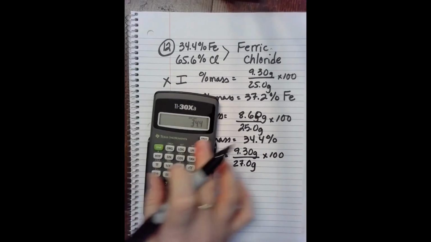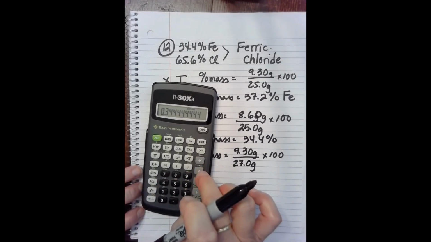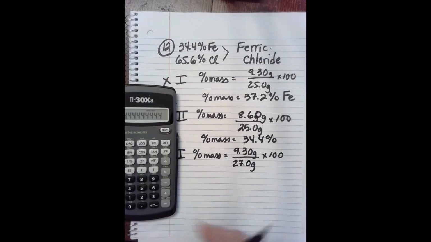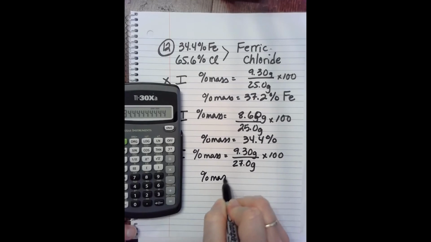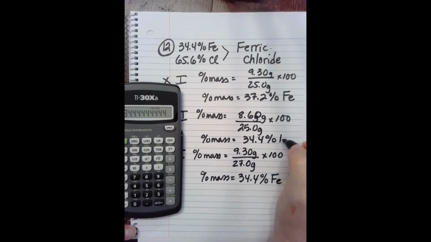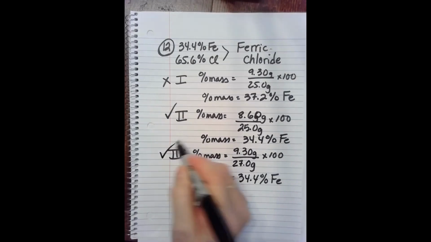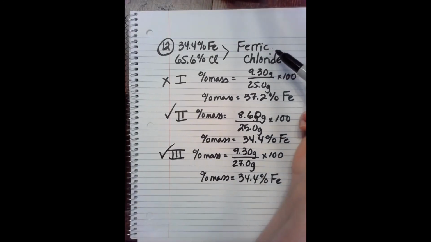So let's see what we get: 9.3 divided by 27 times 100. Yay! Percent mass equals 34.4% iron. So check, this can also be a sample of ferric chloride.